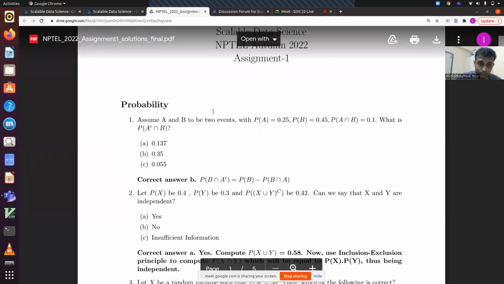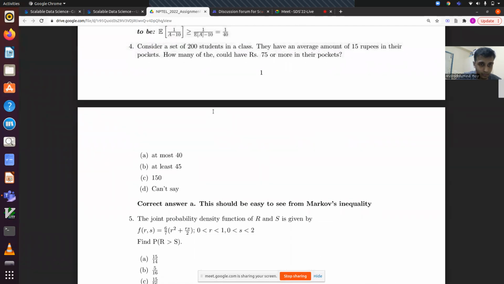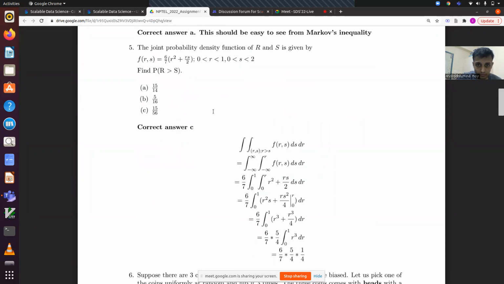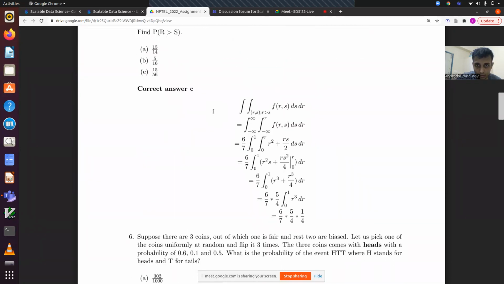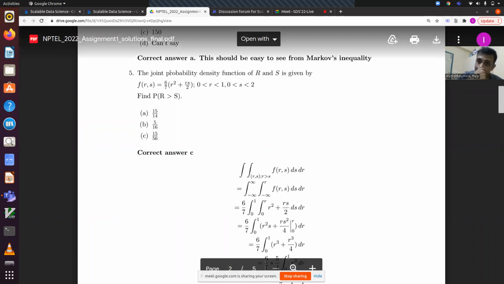Yes, sir. Question number 5. Oh, a lot of the solution has already been given. I didn't understand. The joint probability density function for R and S is given by f of R, S, and R is between 0 and 1, S is between 0 and 2.